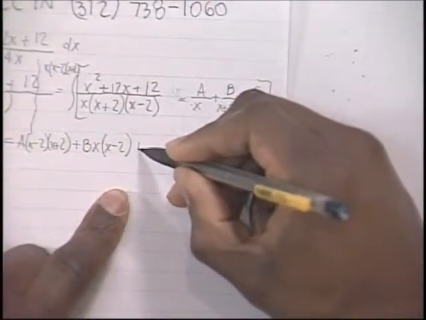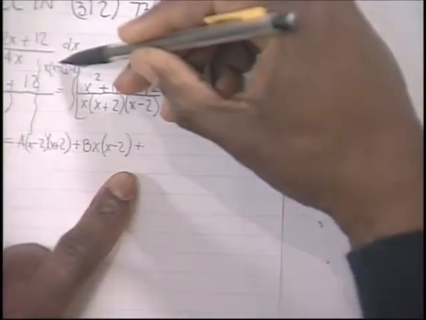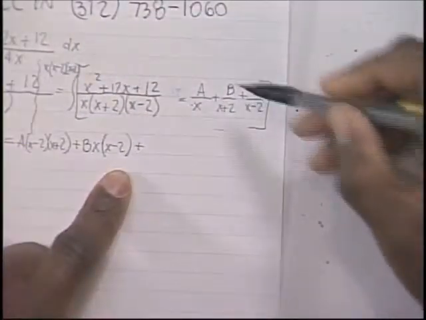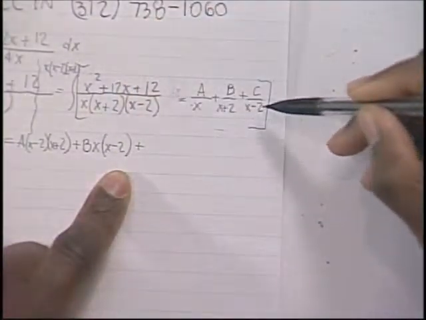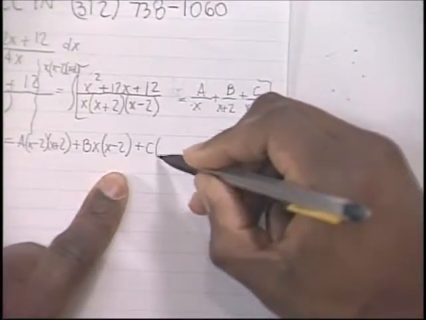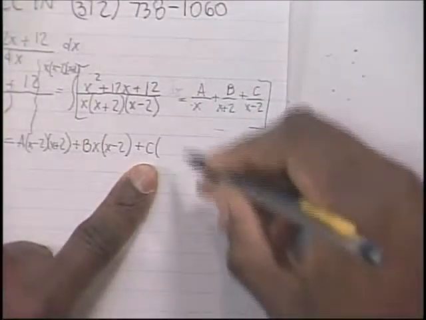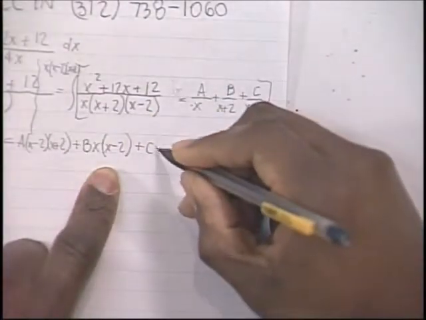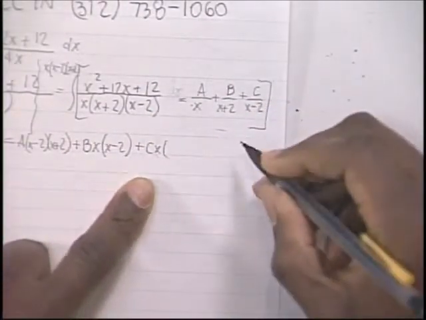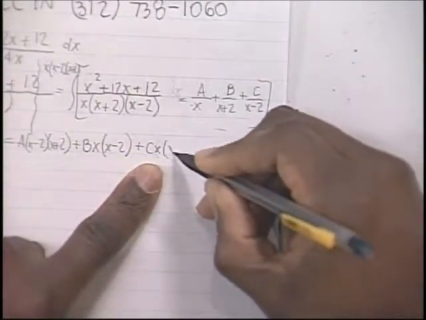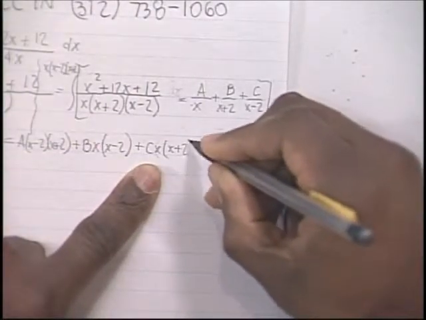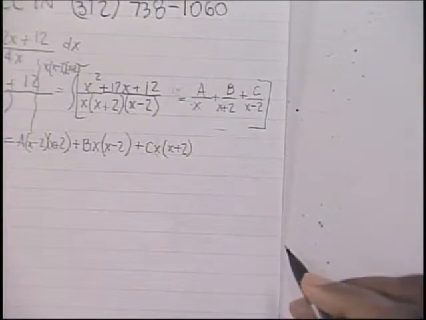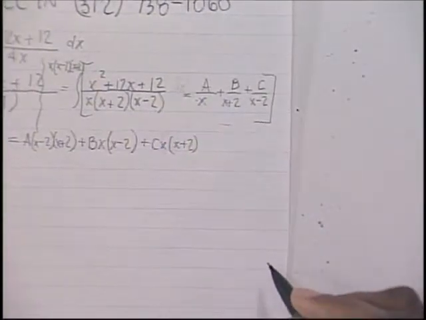And then plus, if you multiply this times this fraction, the x minus 2's would cancel. You'd end up with C times x times x plus 2.